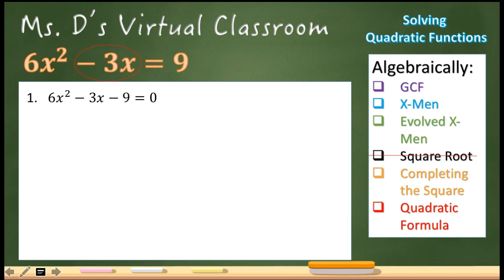There is a GCF of 3 for all terms, so we can use the GCF method and factor out 3. We get 3 times 2x squared minus x minus 3, which is equal to 0. Divide both sides by 3 and we get 2x squared minus x minus 3.